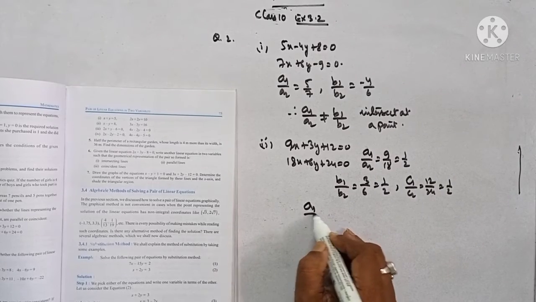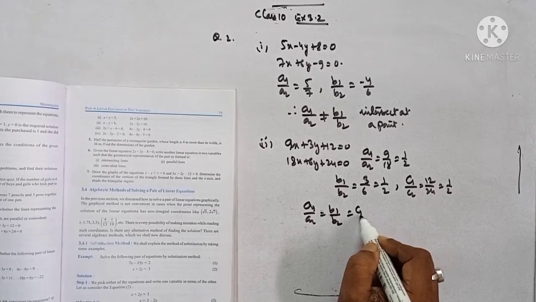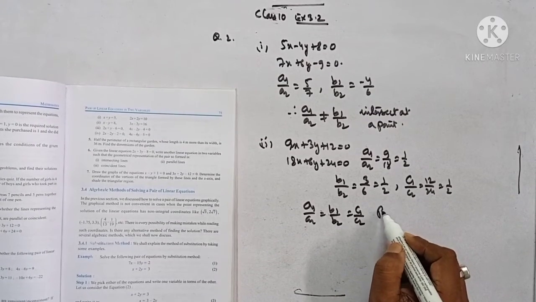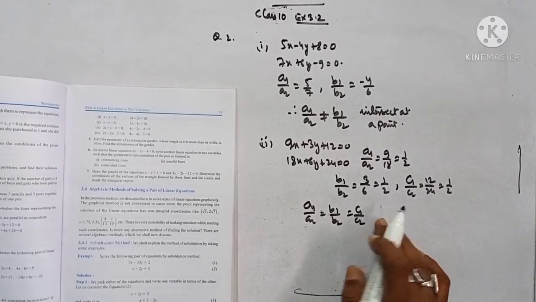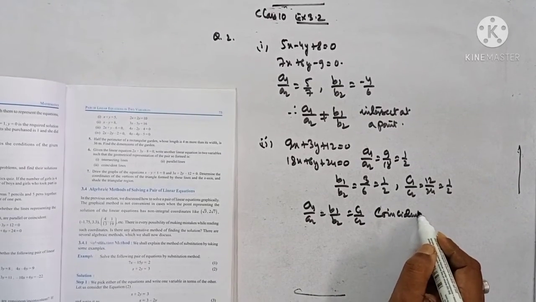So a1 by a2 equal to b1 by b2 equal to c1 by c2, so they are coincident.